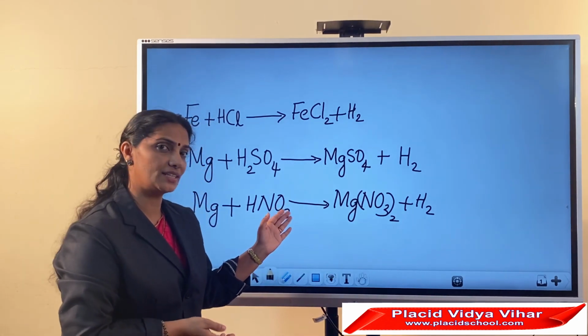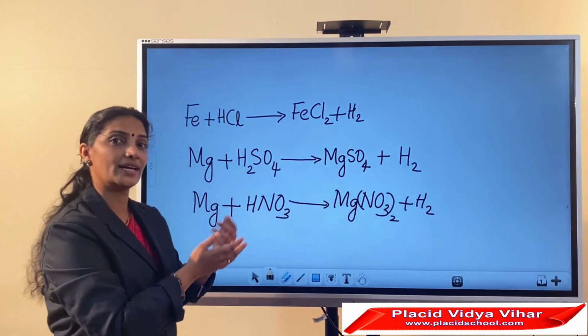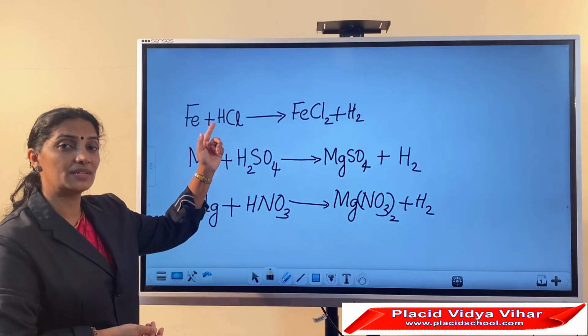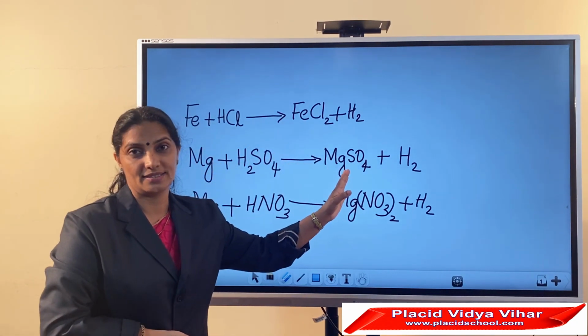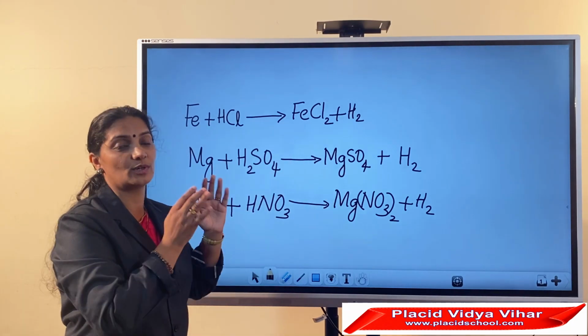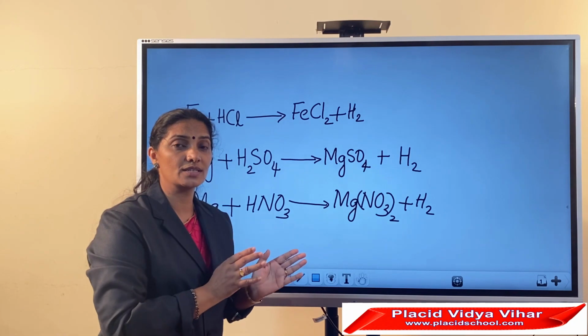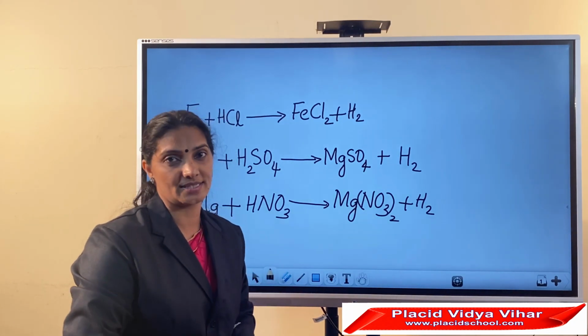But nitric acid reacts with magnesium and manganese, and they can produce hydrogen gas. And what is obtained in the first case? Iron plus hydrochloric acid gives iron chloride and hydrogen. So whatever be the metal and whatever be the acid, in all the cases we have a salt and a hydrogen gas. Let's see some more examples.